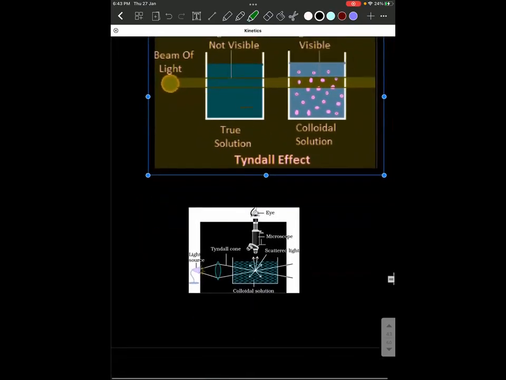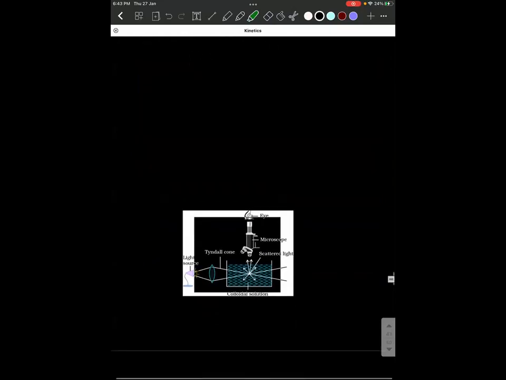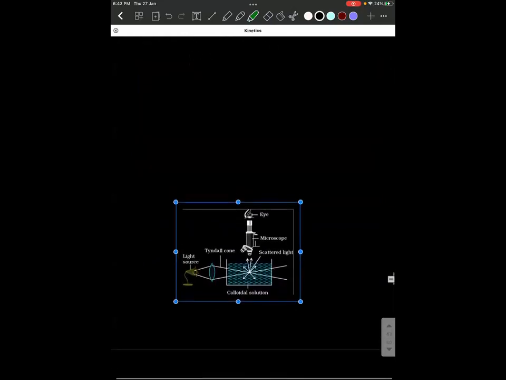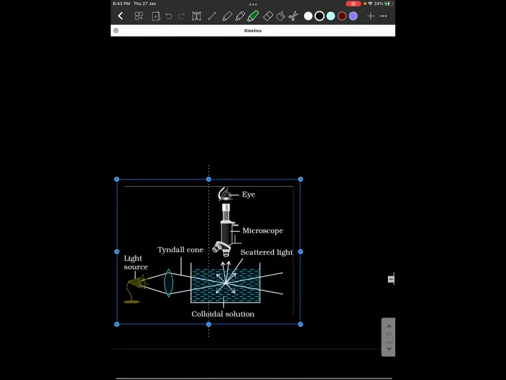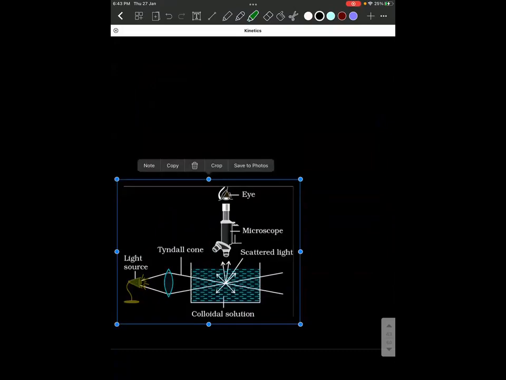Okay, so this was the diagram which was giving you an idea of a beam of light. If you observe in this diagram, here we have a light source and here we have a Tyndall cone, and this light is passing through the Tyndall cone and it is falling onto this colloidal solution. Now these colloidal particles are scattering the light in many directions.